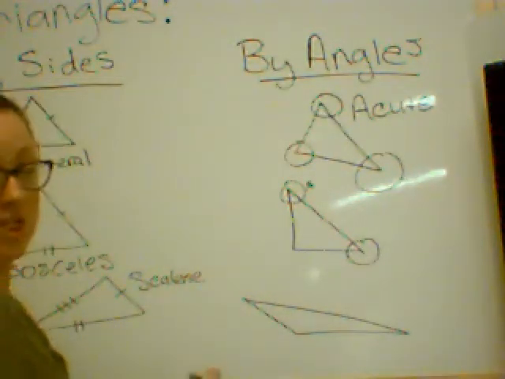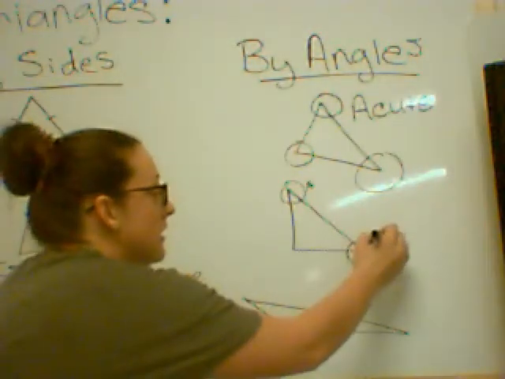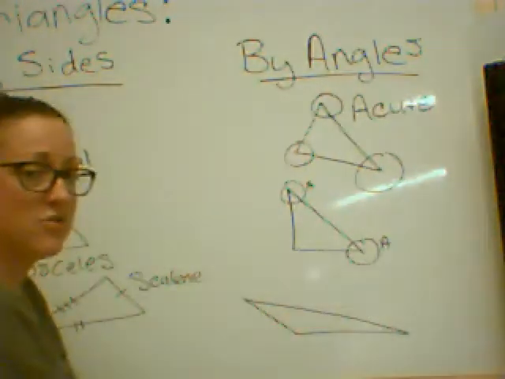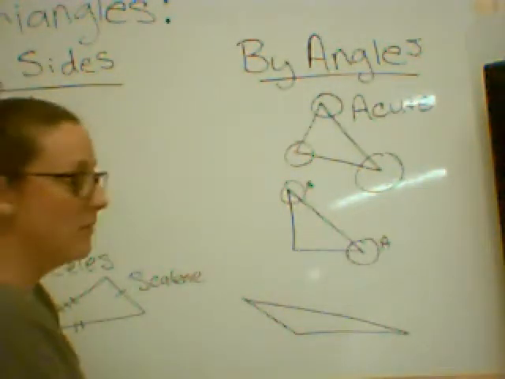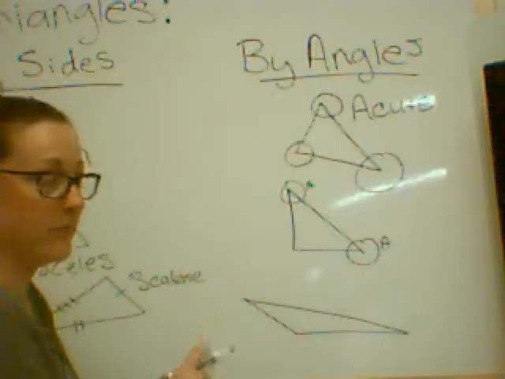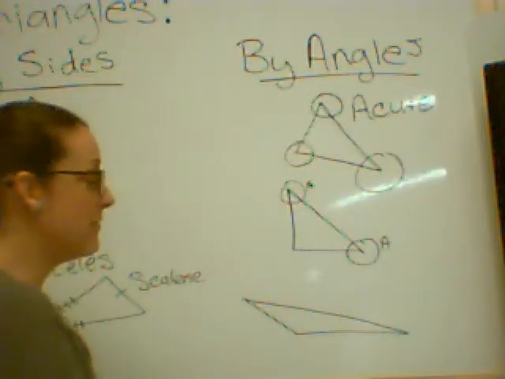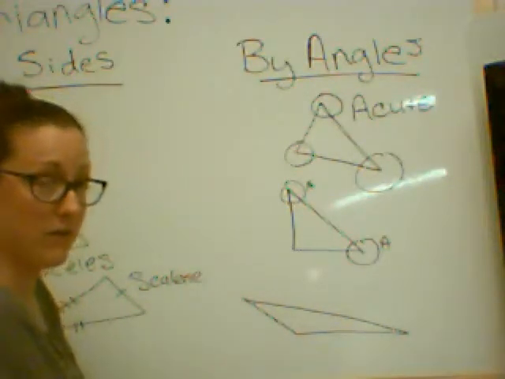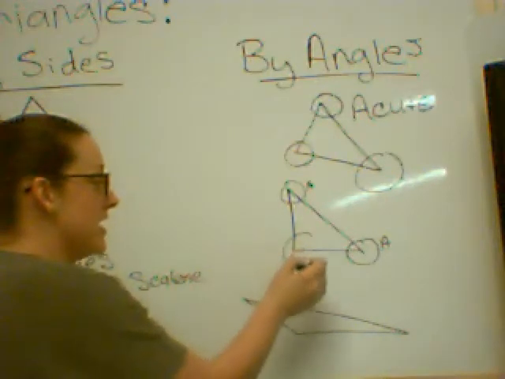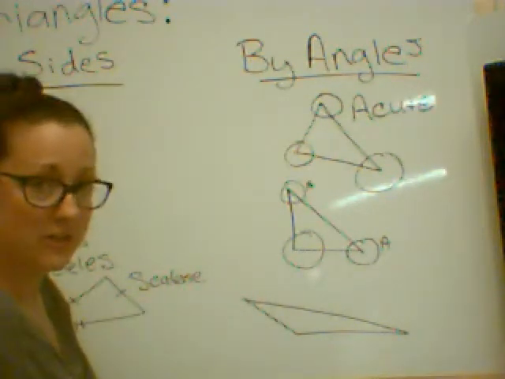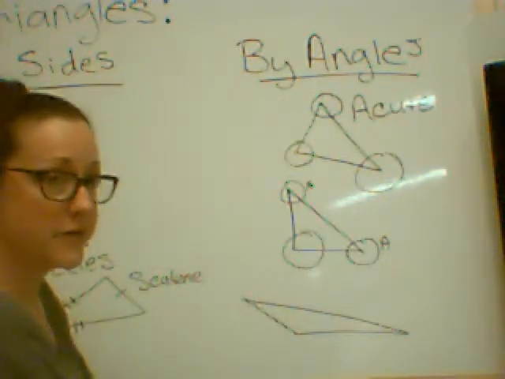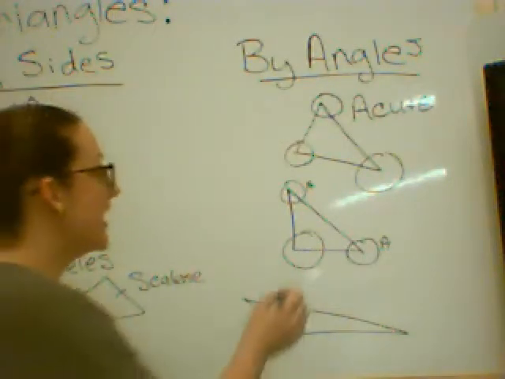Yes, John, that's an acute angle as well. It seems to be an acute triangle, doesn't it? But there's one more angle left that we have to look at, okay? Remember, we can't leave any angles out. Our last angle right here, what does that look like? Yes, RJ? That's a right angle.